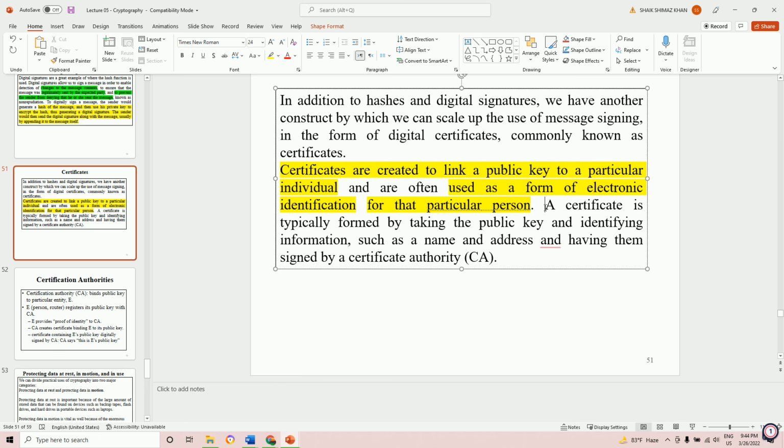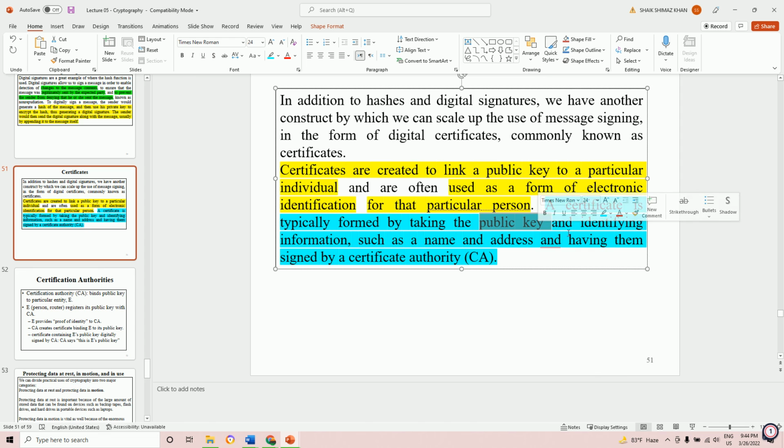A certificate is typically formed by taking the public key and identifying information such as a name and address, and having them signed by a certificate authority. So please understand, inside the certificate you have the public key of the owner, the company like Bank Muscat, and also some information about that company. This certificate is created by another organization called the certificate authority.